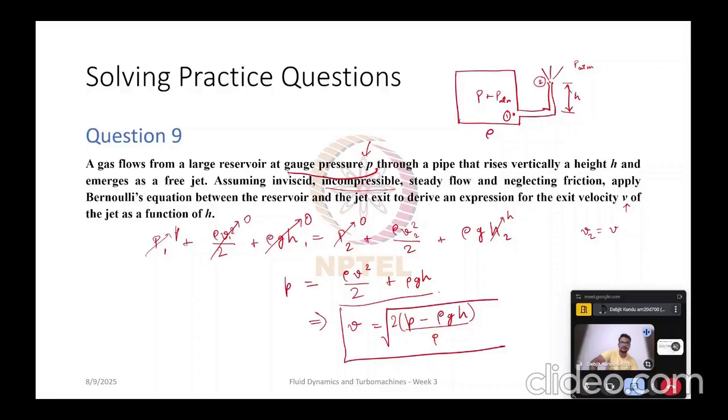So this is an expression of the exit velocity of the gas jet V as a function of the gauge pressure inside, as well as the height at which the free jet comes out.